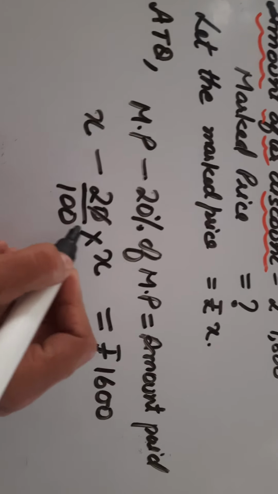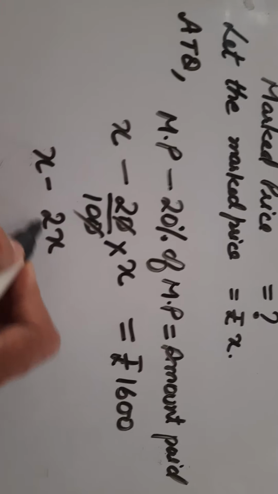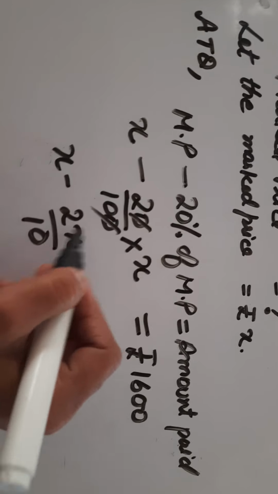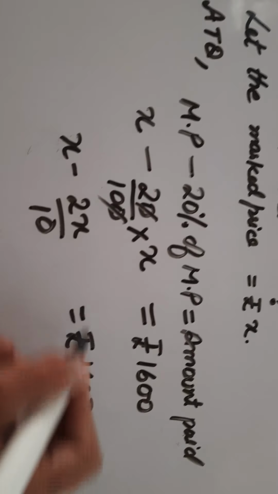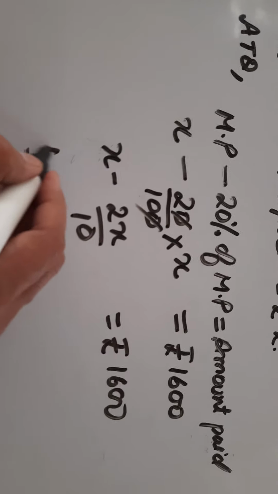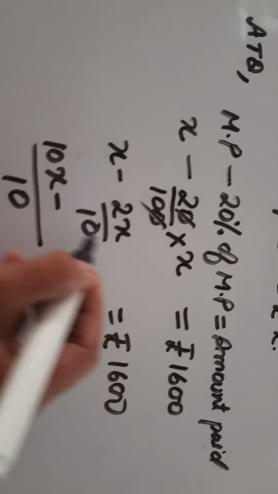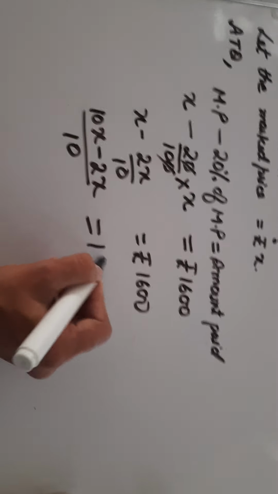So let us solve it. So this will be X minus 2x by 10. We can reduce it further also, or you can leave it in this form, because 2 and 10 are multiples. But to take the LCM, 10, this is 10x minus 2x is equal to 1600.